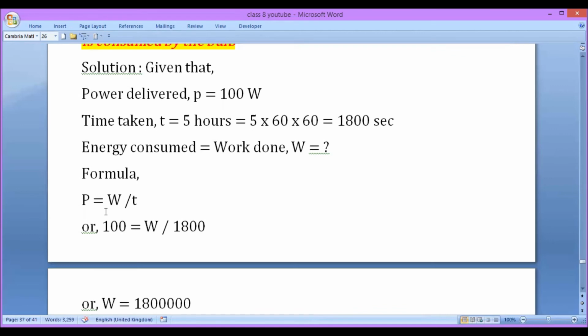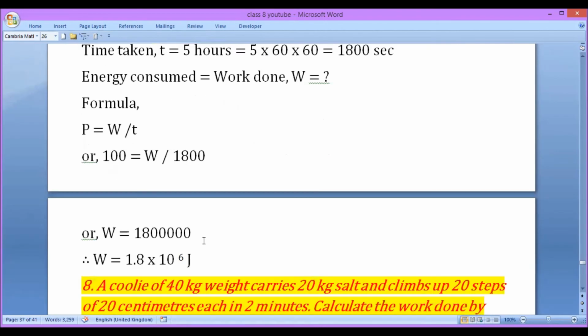There is power P, 100 watt, given here. We have to compute the value of work done W, and T is given here, T means 1800.